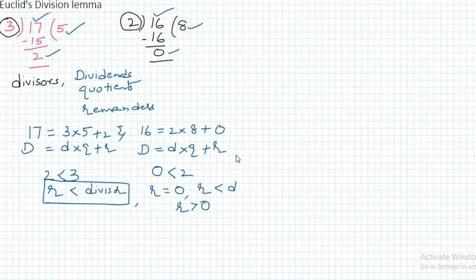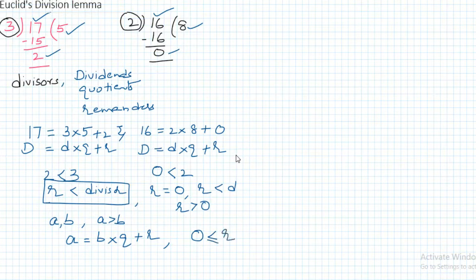By coding all these things, we can write that if we consider any two integers A and B, in which A is greater than B, according to this, A is equal to B into Q, Q is quotient, plus R. And the condition for R is, it is greater than 0 or equal to 0.